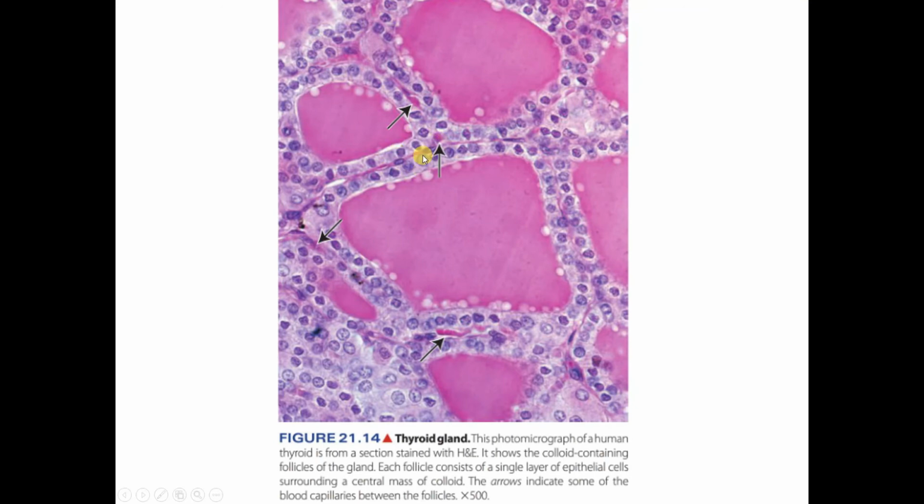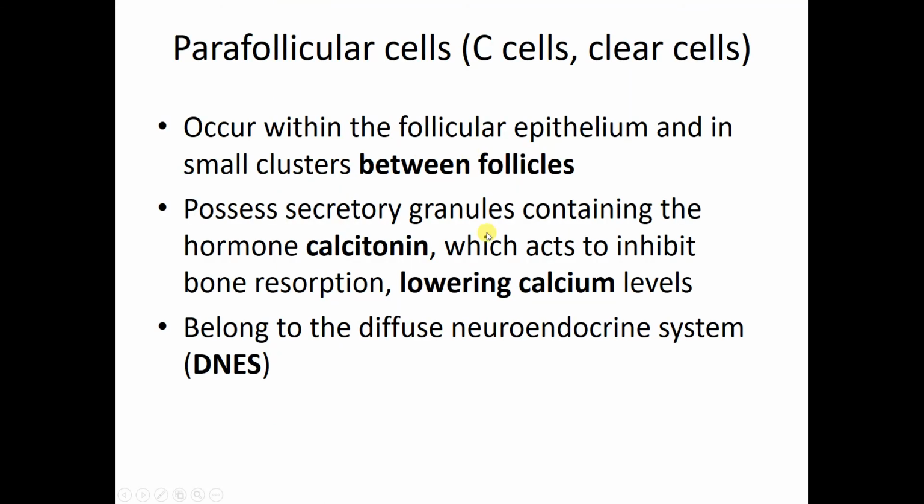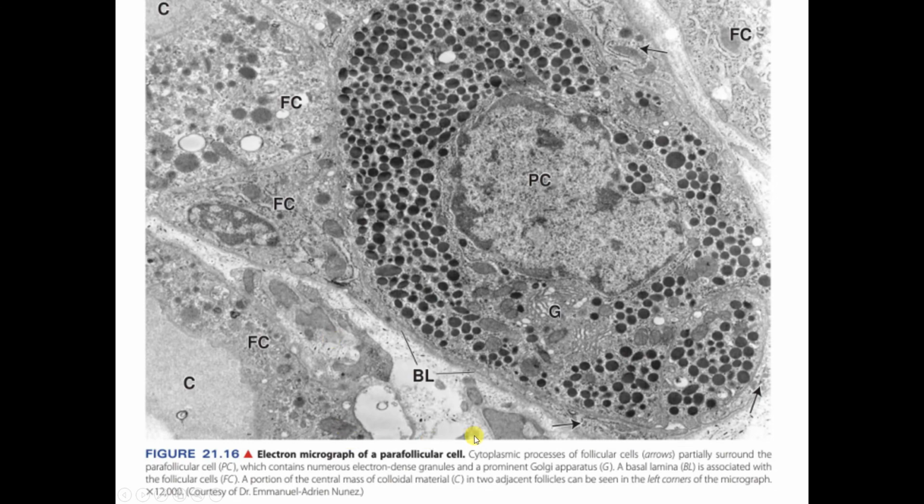Okay, they are not related to follicles. They have absolutely independent function, but you have to keep in mind that thyroid gland, and that's why during surgeries on the thyroid gland, it might give some challenges also with calcium metabolism. It belongs to the diffuse neuroendocrine system also. This is the structure of a parafollicular cell.